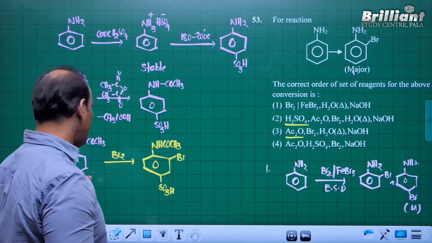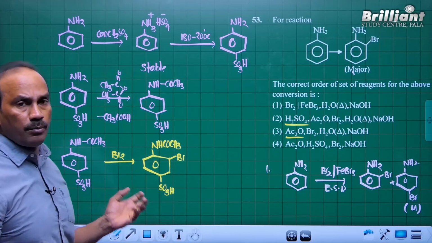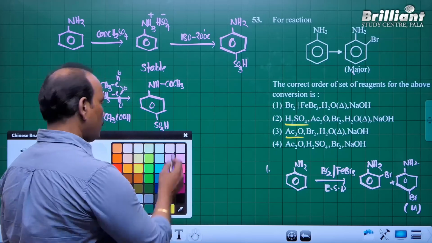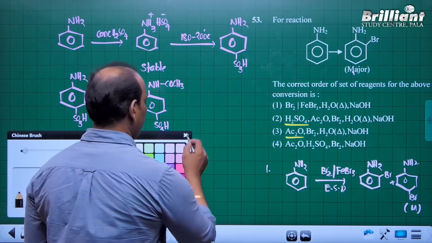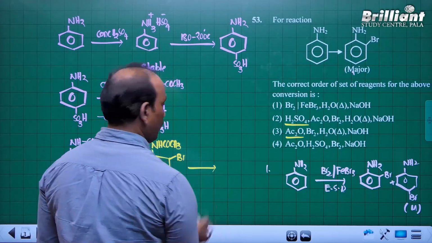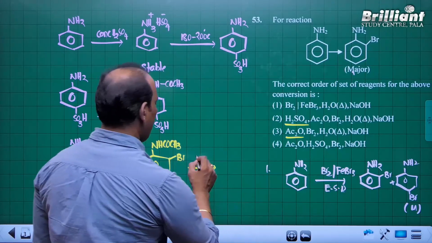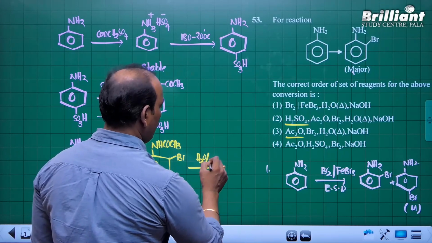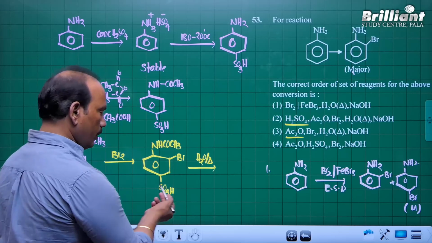Clear? Because the para position is already blocked. Okay? This position is already blocked. That is why, now this part and H2O, heated. Then what is going on?